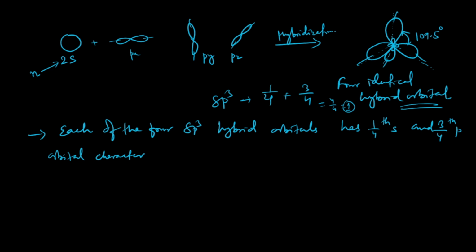So first, 1 by 4 into 100, it will be 25%. So we can say 25% s character. 3 by 4 into 100, it will be 75% p character. Correct? So these are the orbital characters we are taking out. Okay.